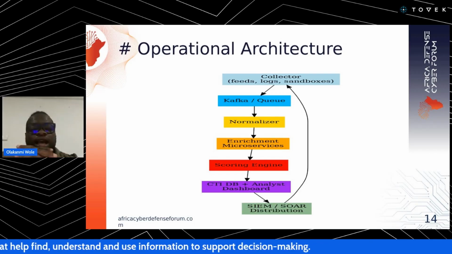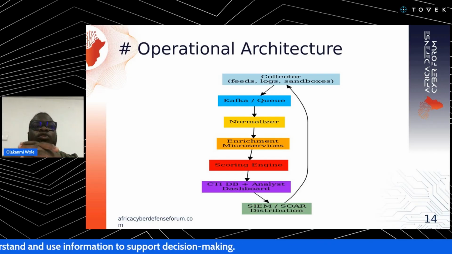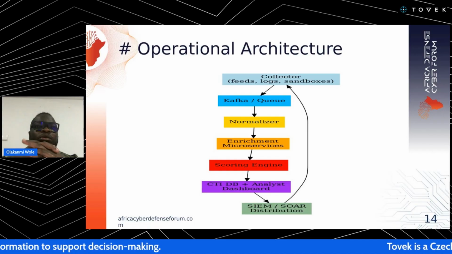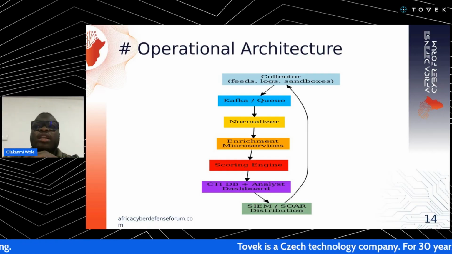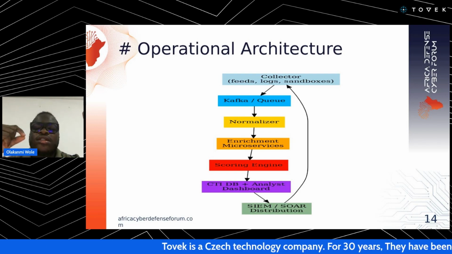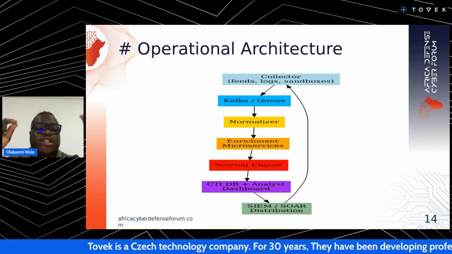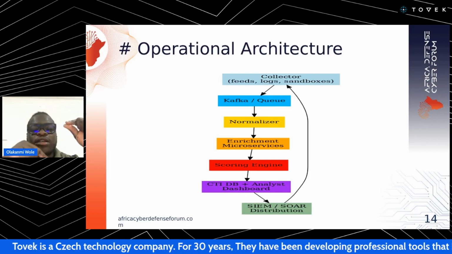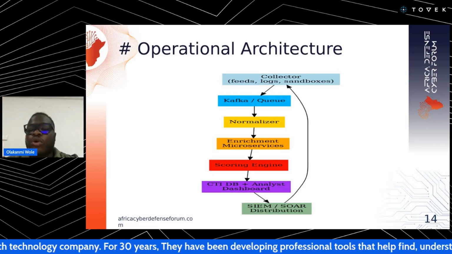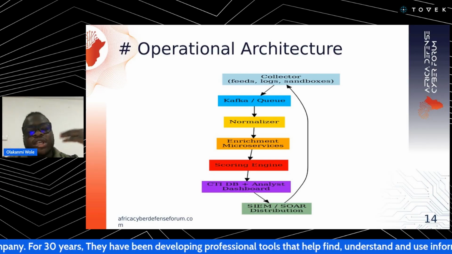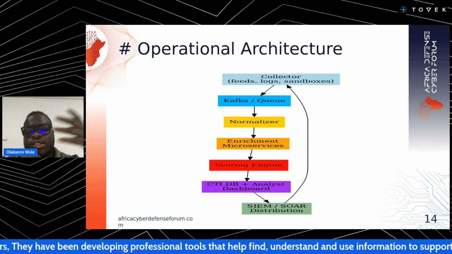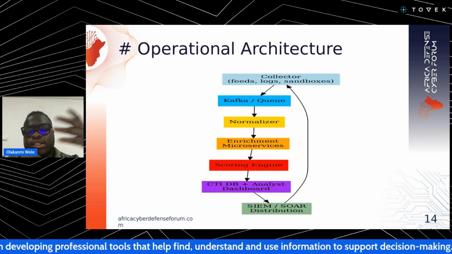Once you get that, you want to run it through Kafka, or put it in some sort of queue, just to make sure you're getting consistent data. And this actually makes it easy to normalize. So you can decide to build a separate normalization engine.